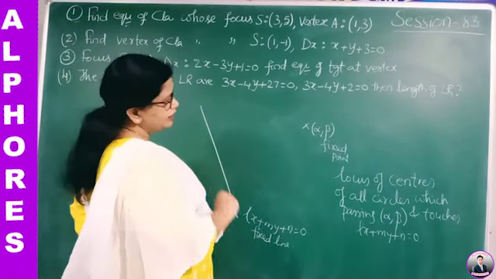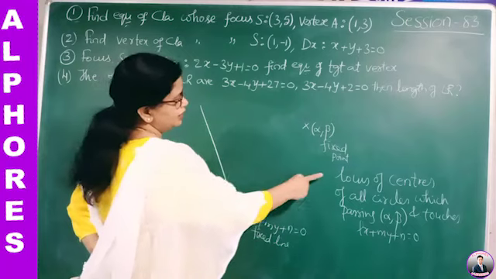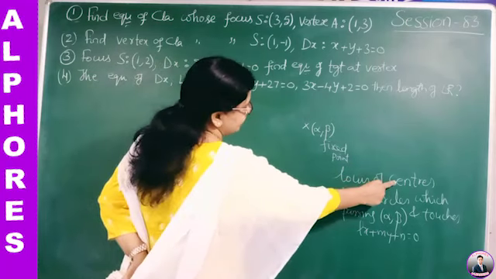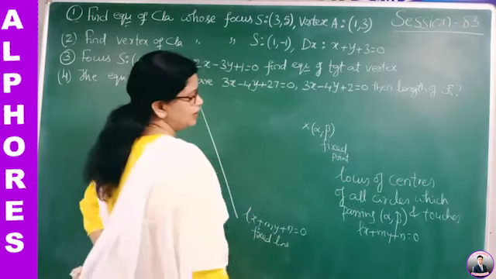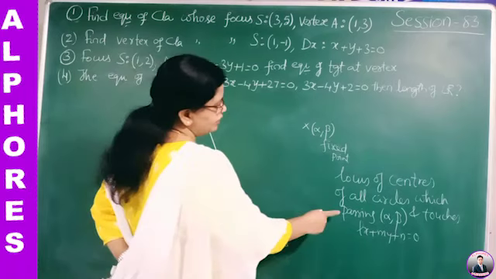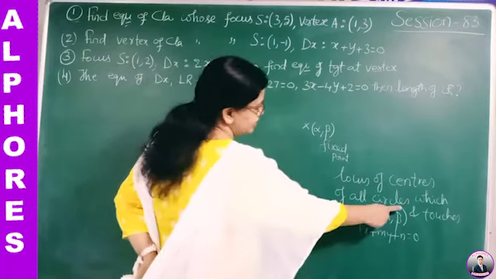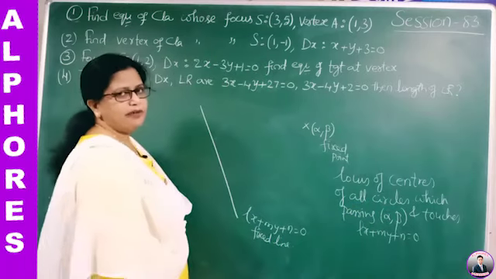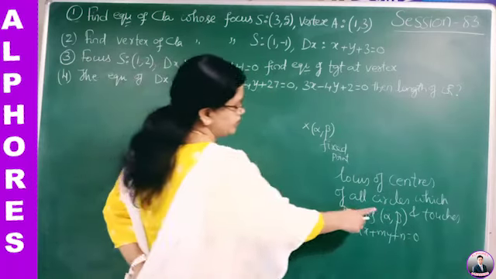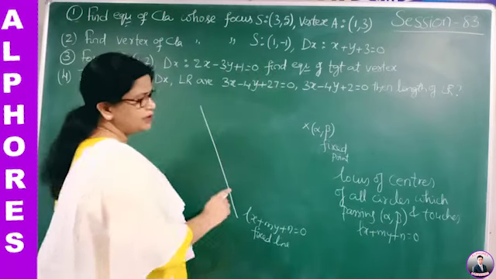Understand here: the locus of centers of all circles, and how are those circles? They are all passing through the fixed point alpha beta and touch the fixed line Lx plus My plus n equal to 0. So this is the fixed point and this is the fixed line.